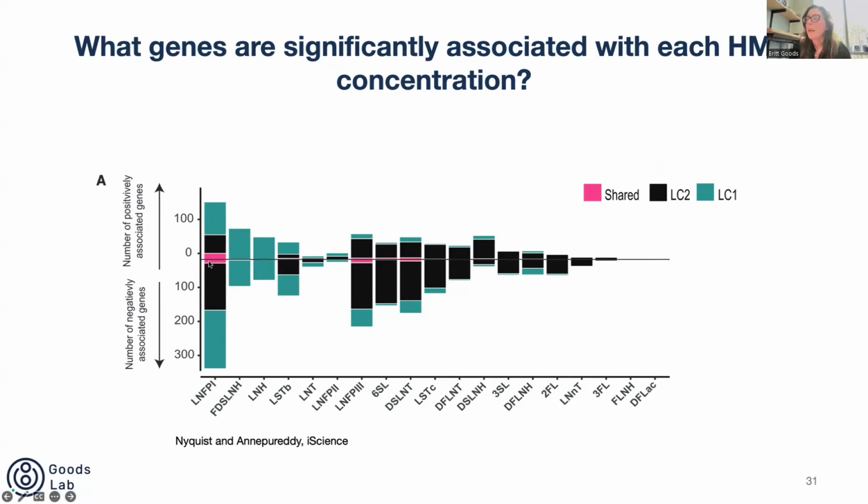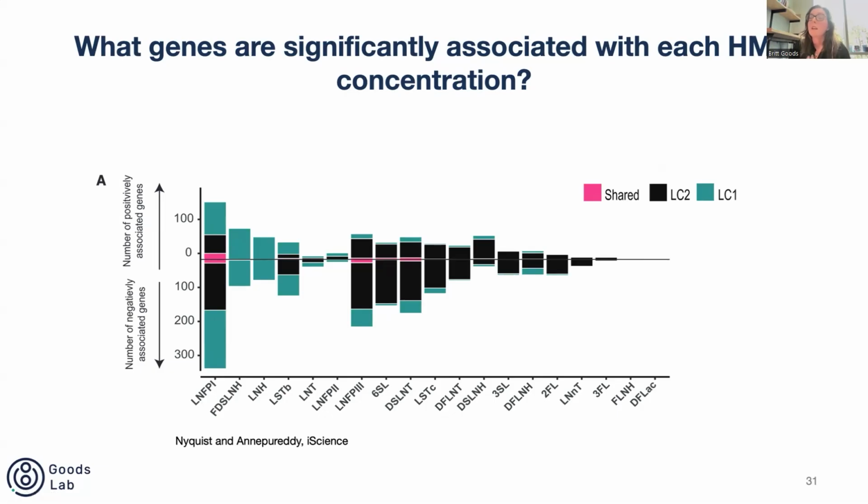One thing I did want to point out here is that this is lacto-N-fucopentaose 1, and this is the HMO, at least in our data set, that had the highest number of genes significantly either positively or negatively associated with the concentration of these HMOs.